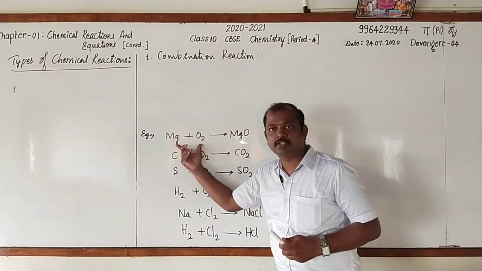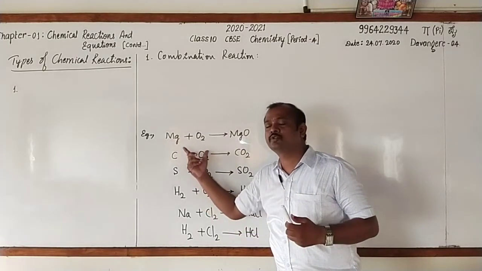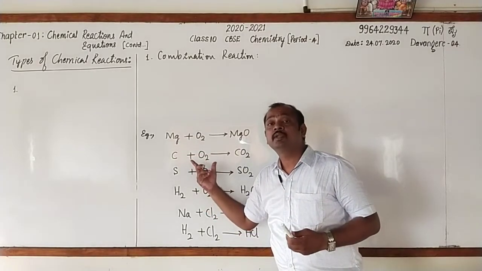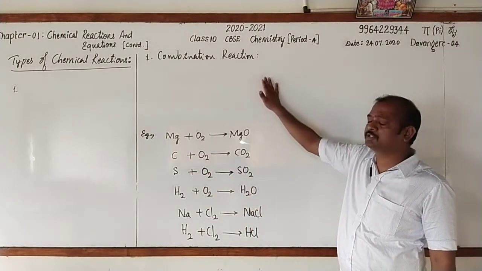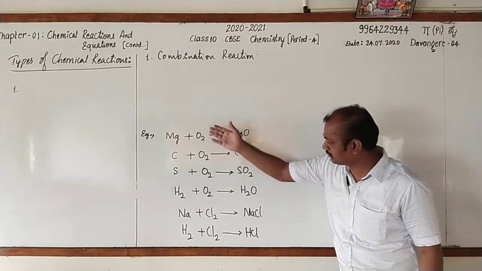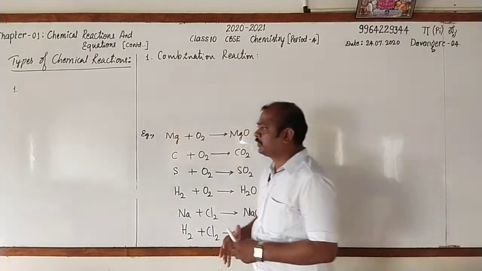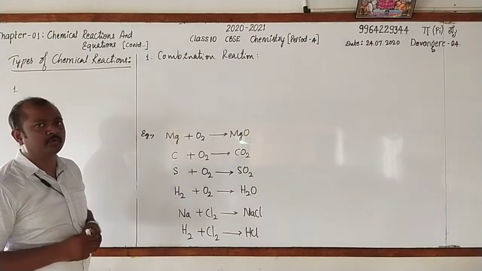A chemical reaction in which two or more chemical substances undergo chemical reaction to form a single product is called combination reaction. I am using the words two or more, but here I have given examples of chemical equations where only two reactants are there. Maybe more than two also.